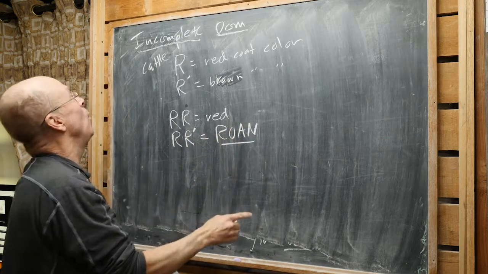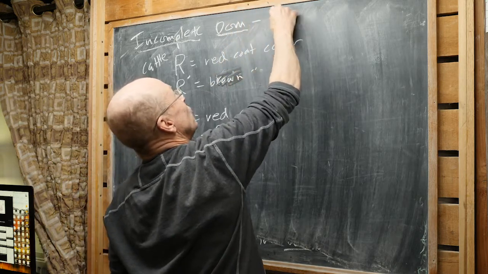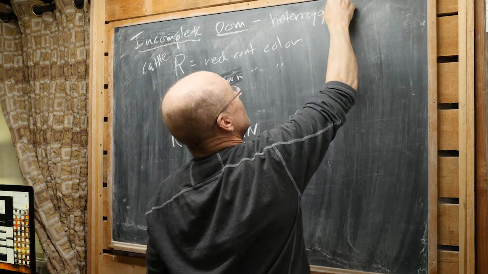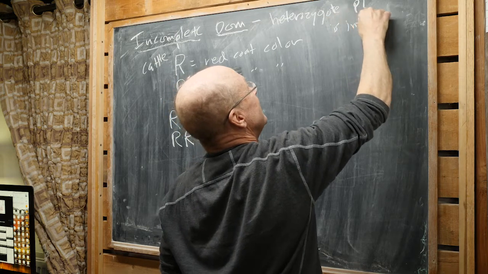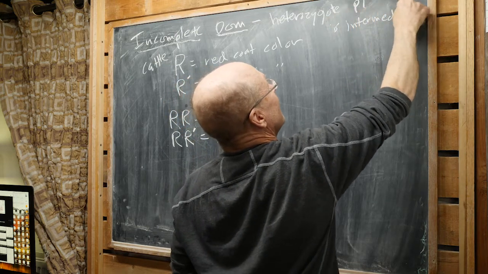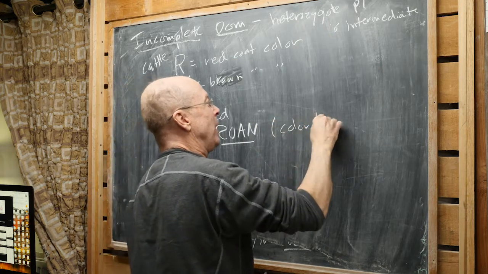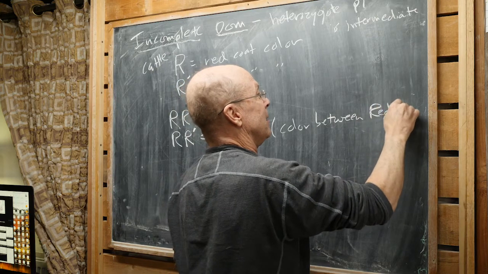And that's the big point of incomplete dominance: the heterozygous phenotype is intermediate. Roan is a color between red and brown.